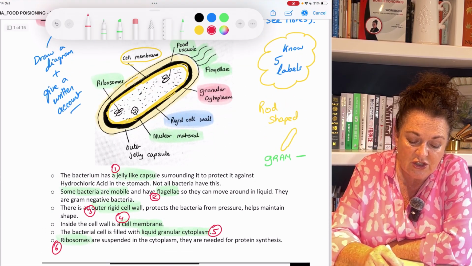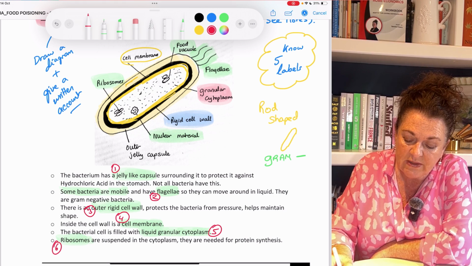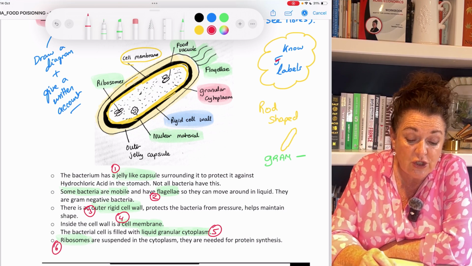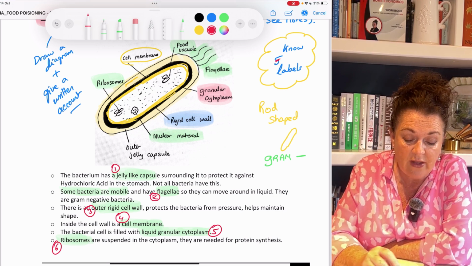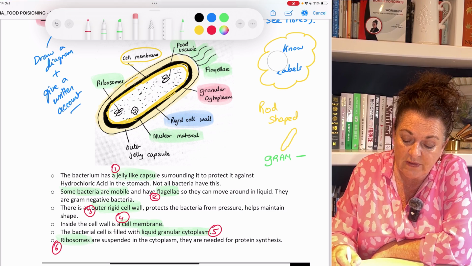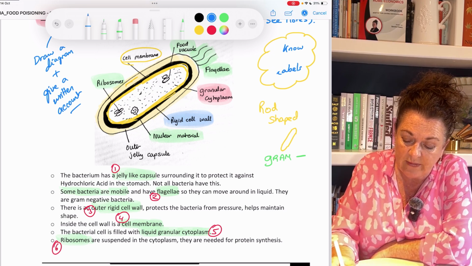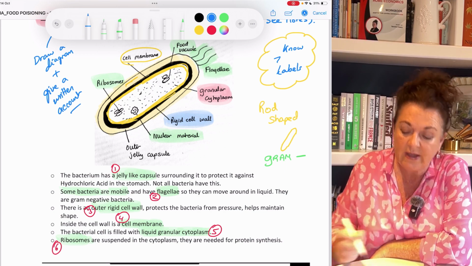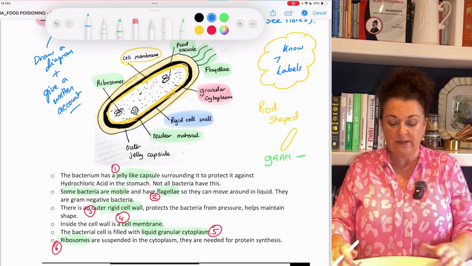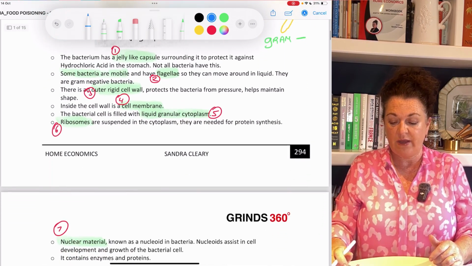So I think I'll actually change that, and we might as well just learn them all, just in case on a short question they asked us to label parts. So I'm just going to change that there to 7. So we're going to learn 7 labels which we have here.